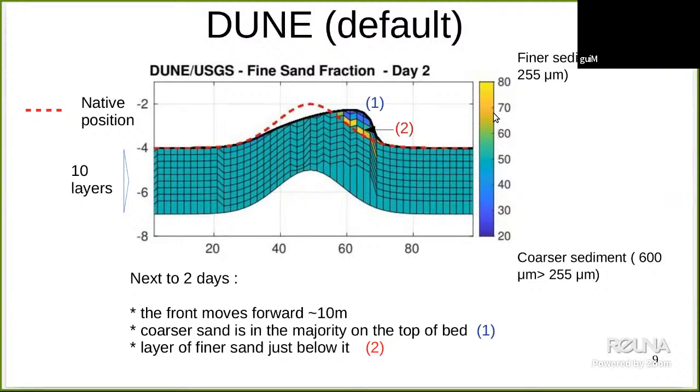What about the colors? Green means that we have, at the beginning, as written in the sediment file, 50%. Then on the front of the dune, we have different colors. Blue means that we have coarser sediment, and just below, it's the contrary, finer sediment. We also see that the front of the dune moves by 10 meters, maybe 15 meters.